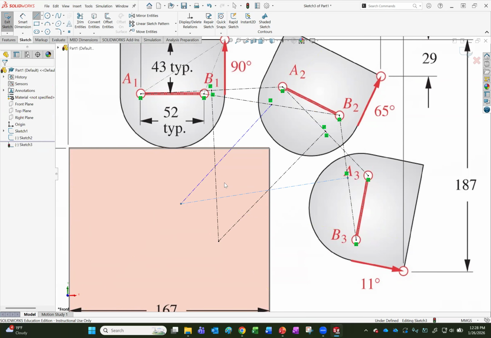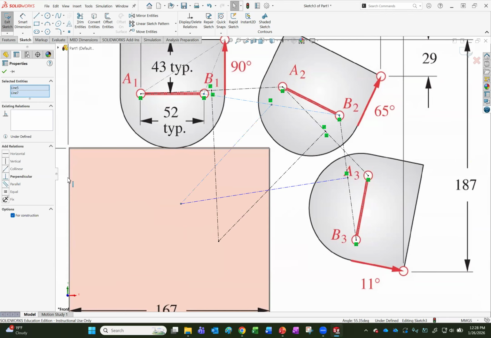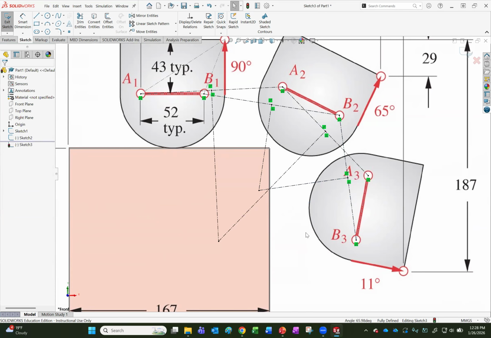Boom. And now I can make that, hold control. So I get both of those, make them perpendicular, grab a hold of that, grab a hold of that, make it perpendicular. Boom. And now I've synthesized the main four bar.